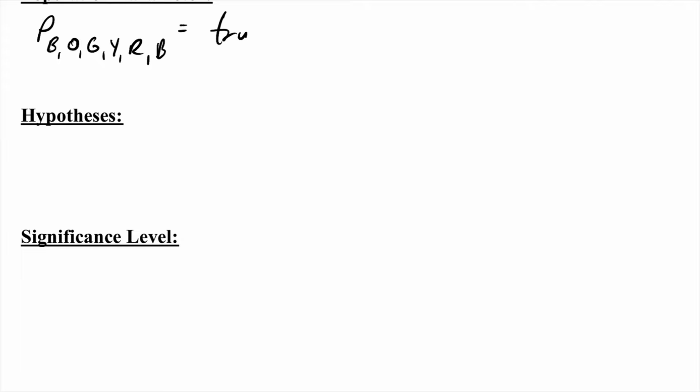It's a P, the true proportion, because all chi-square will be true proportions. They're categorical. There's no means, no averages for chi-square. You could if you wanted to. I'm not going to, but it won't be wrong.